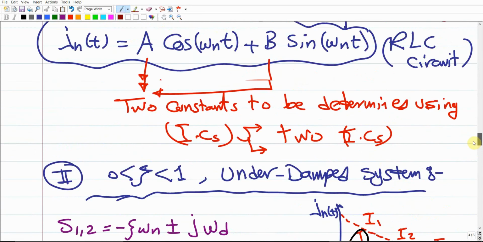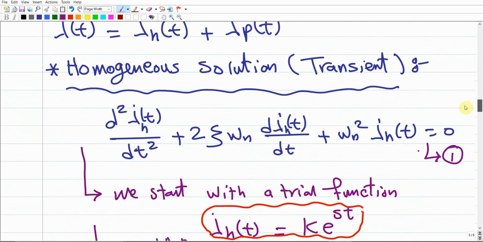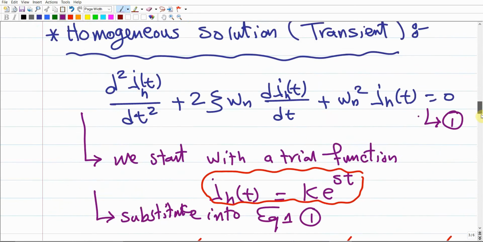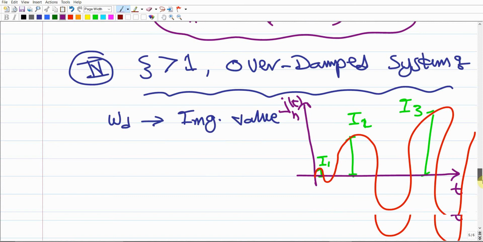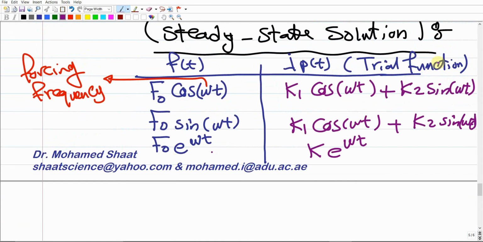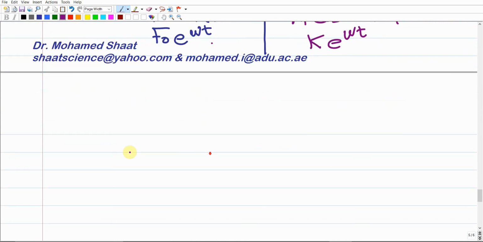Once we assume this trial function and plug it into the original equation that includes the forcing term, then solving this equation, doing the derivatives and so on, we're going to end up with an equation that can be solved in terms of K. I won't go through the mathematics and the substitution, but the key idea you should understand is that the trial function for the steady state solution depends on the forcing term itself, how it looks, the function of the forcing term.